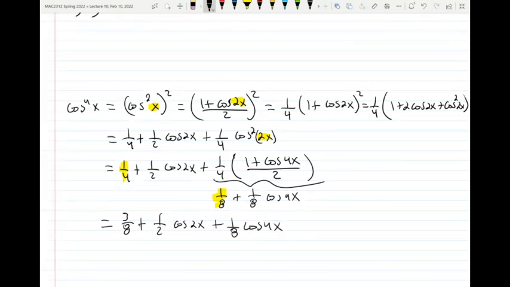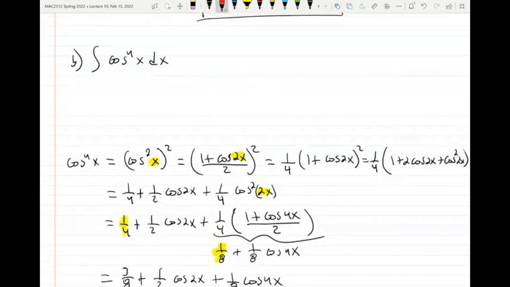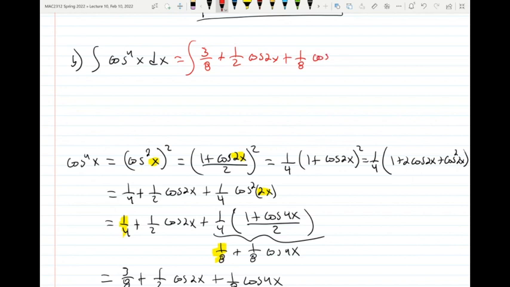So back in trigonometry, you would stop here because this was the exercise. Now we put this in our integral and we integrate. So this now becomes the integral of 3 over 8 plus 1/2 cosine of 2x plus 1 over 8 cosine of 4x.